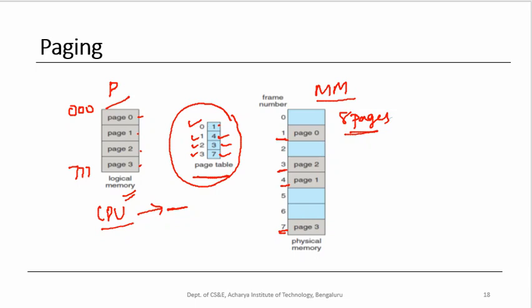So that's how the content of the particular memory location is accessed. I hope this is clear. In the next example, let's see how memory accesses are made by the CPU.